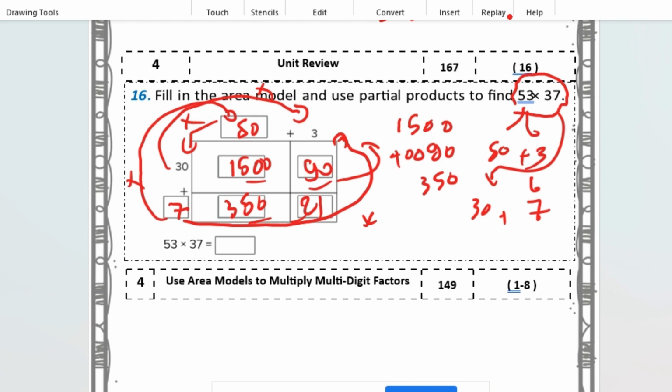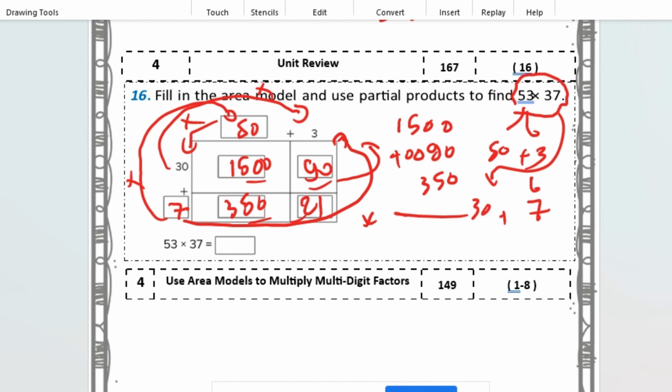350 plus 21. So I just put them in a way where the ones are under the ones, the tens under the tens, the hundreds under the hundreds, and the thousands under the thousands. If you organize them well, this should be pretty simple. Let me just make it better.